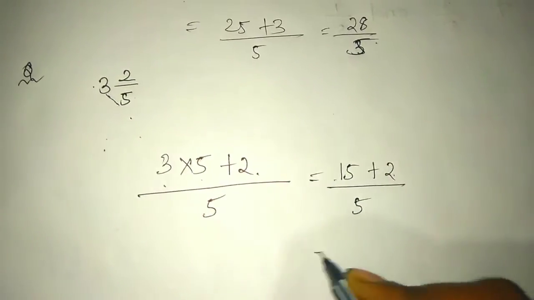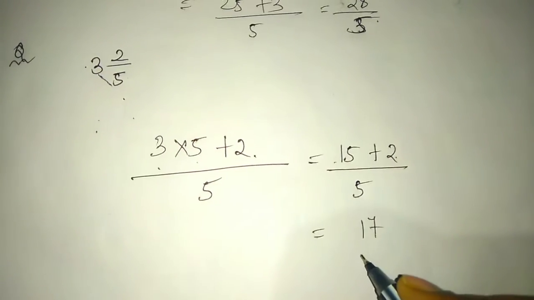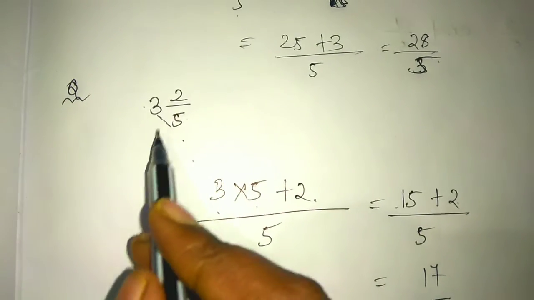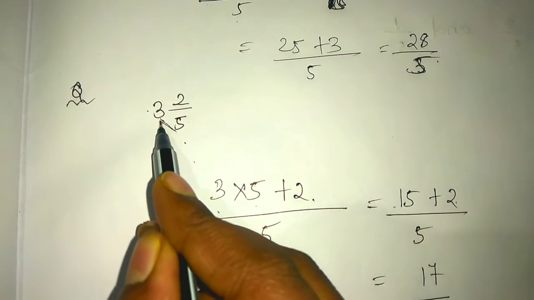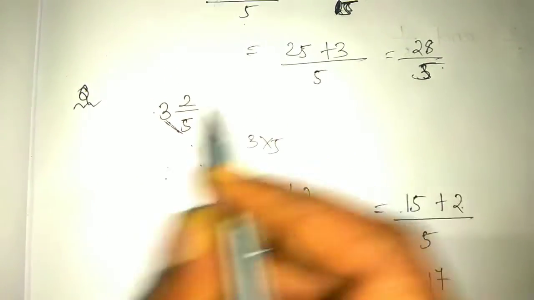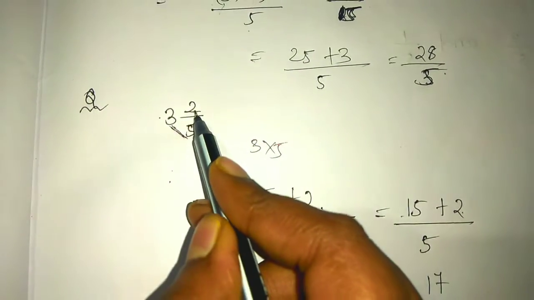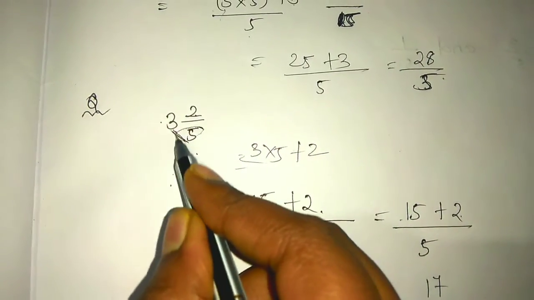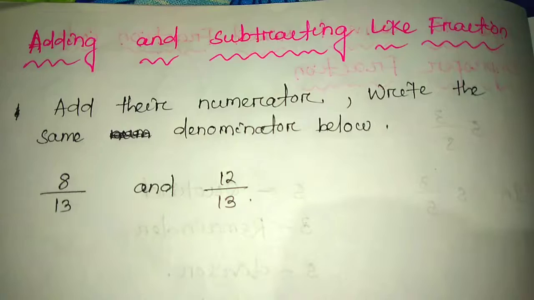Then 15 plus 2 is equal to 17 by 5. You simply have to multiply the whole number with the denominator, that is 3 into 5, and then add the numerator, and the denominator will remain the same.